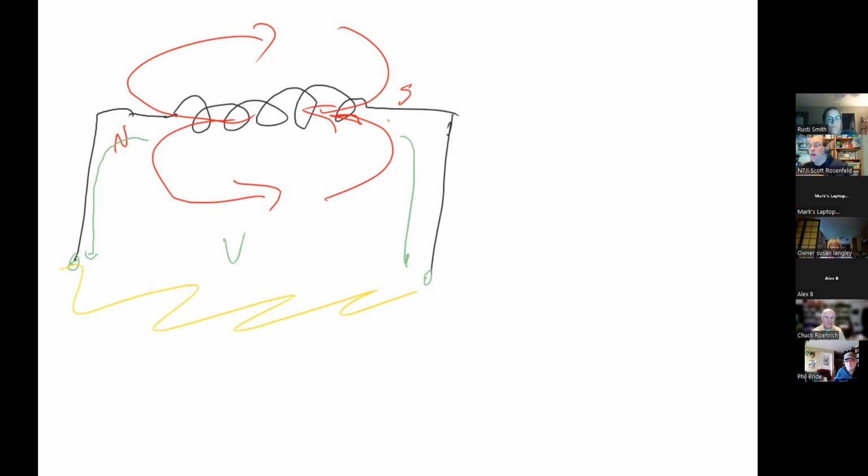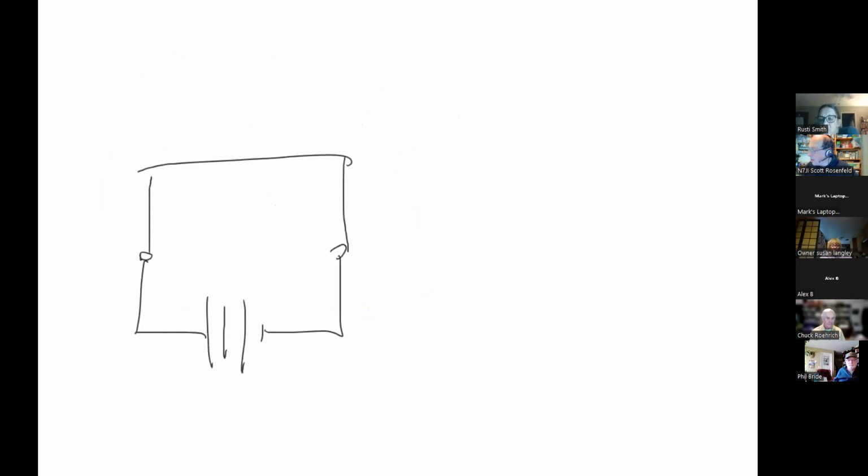Remember where a capacitor looked like an open circuit for DC and a short circuit for AC? If I were to take this and hook it up through the magic wall and say, okay, here's my DC power supply, that inductor looks like a short circuit.